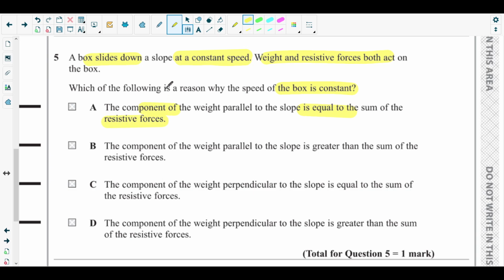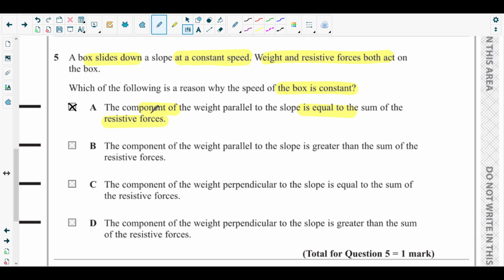This is exactly the answer, because the component of weight parallel to the slope acts down the plane, right? So the downward weight component is equal to the upward, that is up the plane, resistive forces. Downward force equals upward force, so the resultant force is 0 Newton. So A meets the condition, right? So A is the answer.